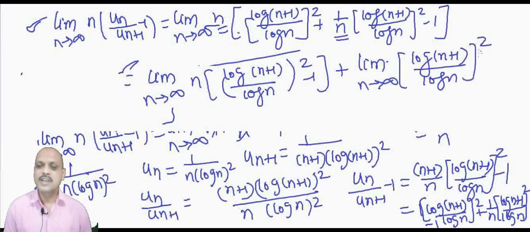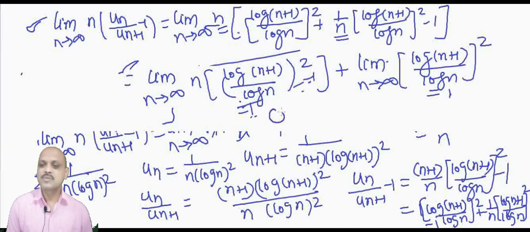Now in the limiting case, limit of this is equal to 1, but here this 1 and this 1 get cancelled, 1 minus 1 will be 0, 0 plus this one, this is equal to 1.